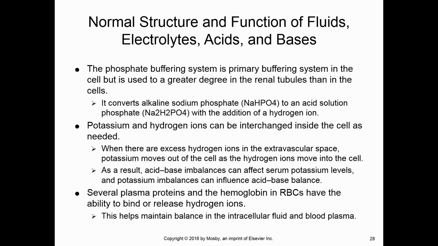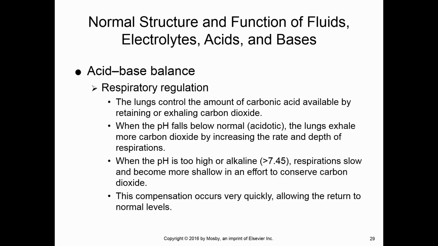I don't need you to know this chemical reaction. Just be aware. Okay? So we're going to focus more on the respiratory and the renal components of the buffering system.